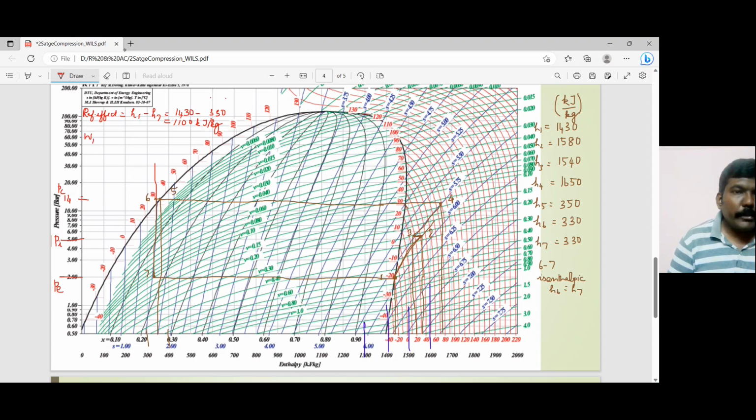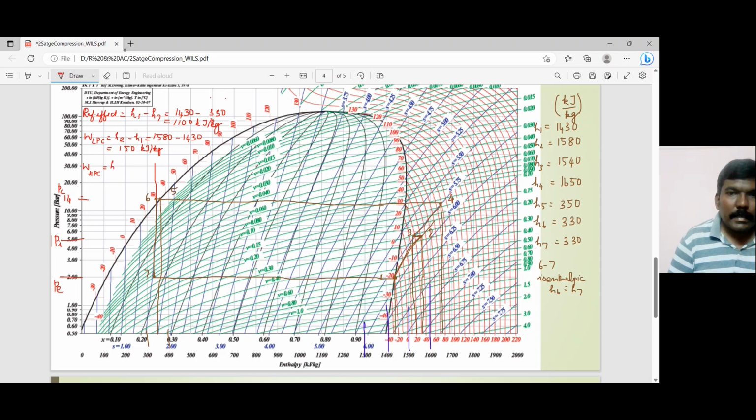If you look at the work input to the low pressure compressor, that is process 1-2. So it is supposed to be H2 minus H1. H2 is 1580 minus 1430. So that is 150 kilojoule per kilogram. Work input to the high pressure compressor, that is going to be process 3-4.